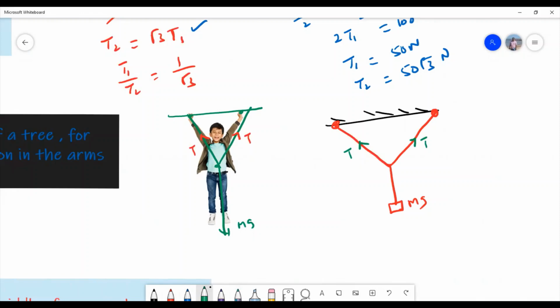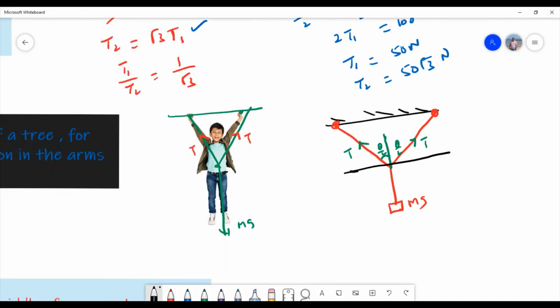Since the hands are similar, let's take the tension as the same, T. If theta is the angle between these two, I'll take a line here. Since theta is the total angle, I'll take this as theta by 2, half angle. This also will be theta by 2, total will be theta. Same as above, draw a line here. Everywhere the same logic. Now we can resolve into components.